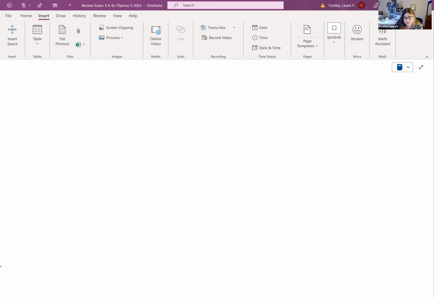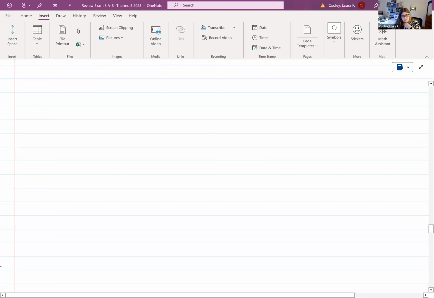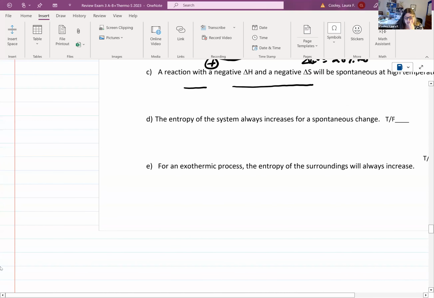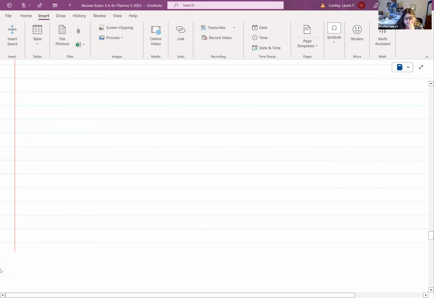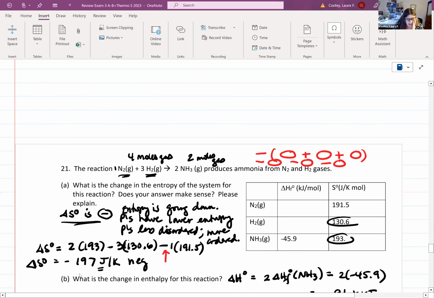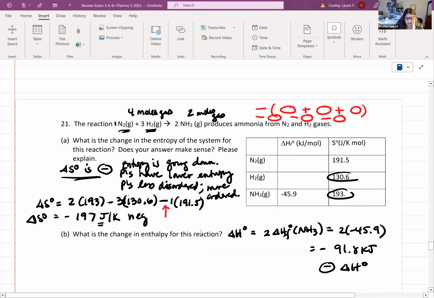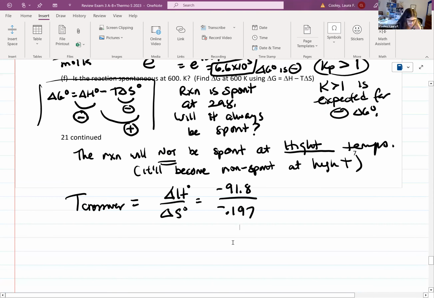I can't see it, it disappeared. Oh, here it is, 197 for the delta S, so it's negative 0.197. So 91.8 over 0.197 is 466 Kelvin.